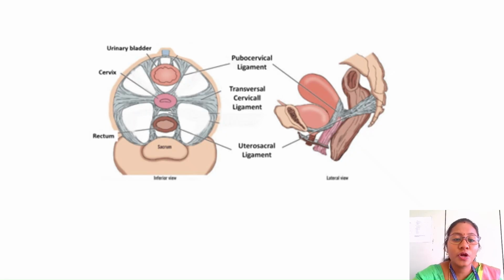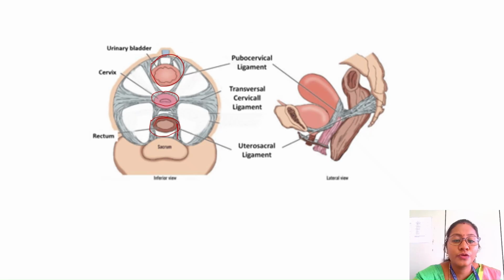This is the cross section of the lower abdomen, nearly the pelvic region. See the structures: it is the urinary bladder, this is the cervix, and this is the rectum. This is the transverse cervical ligament, and see the part of the uterosacral ligament.